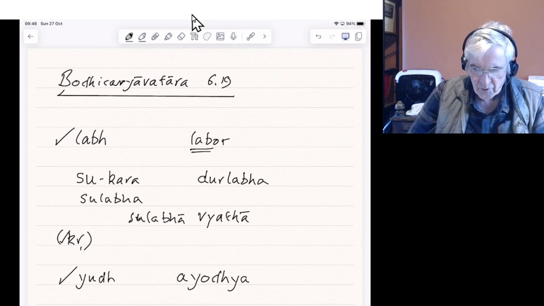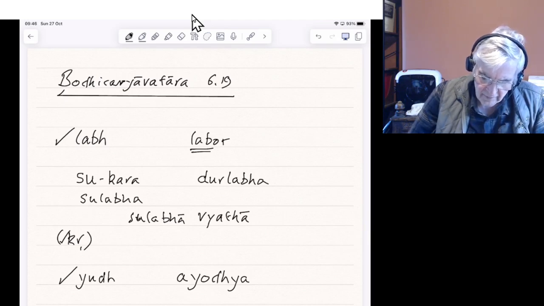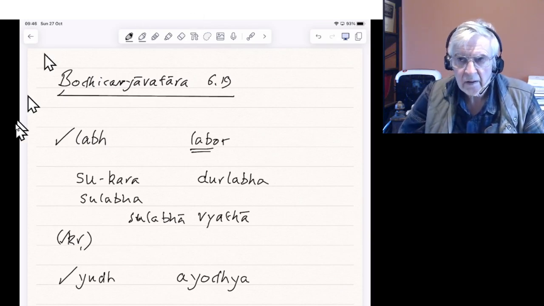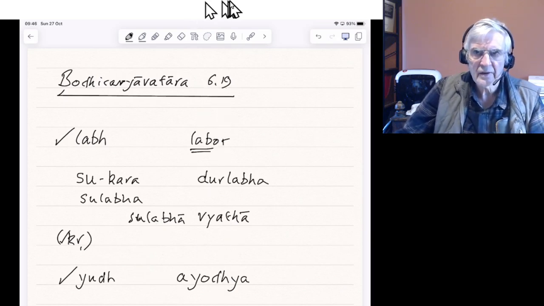Sometimes used as an auspicious name given to towns and cities, and Ayodhya in the Thai pronunciation, in Thai it's pronounced Ayutthaya, so the city of Ayutthaya in Thailand, meaning exactly that, the invincible.